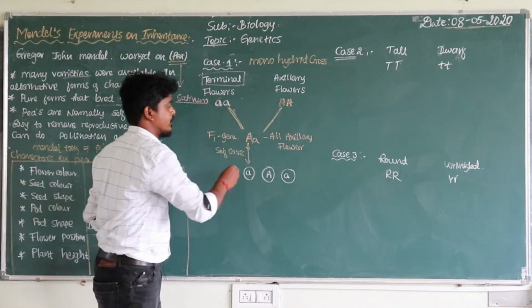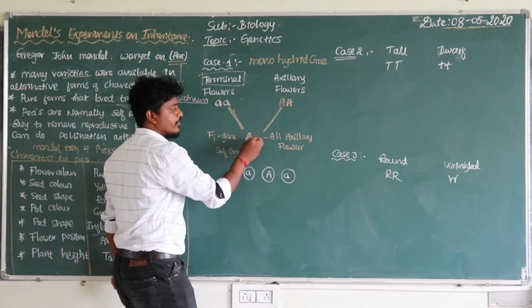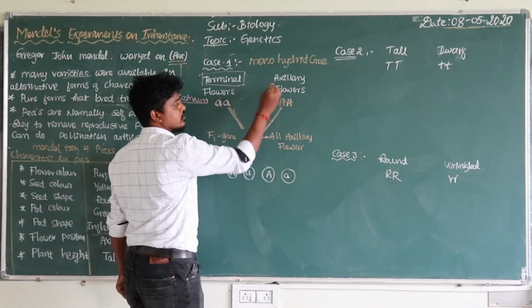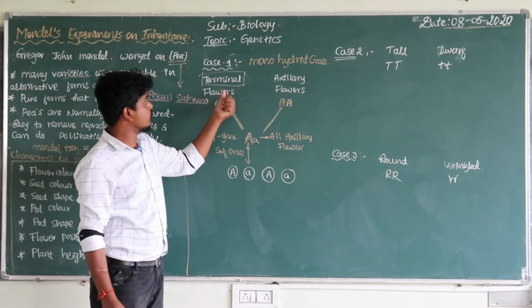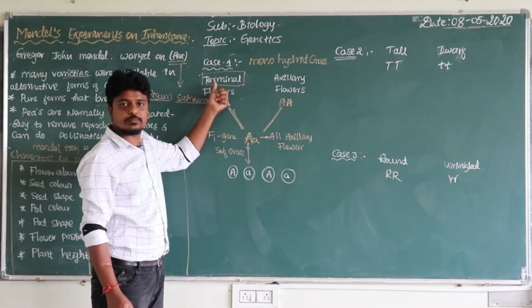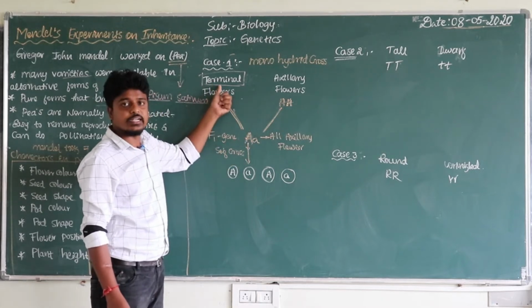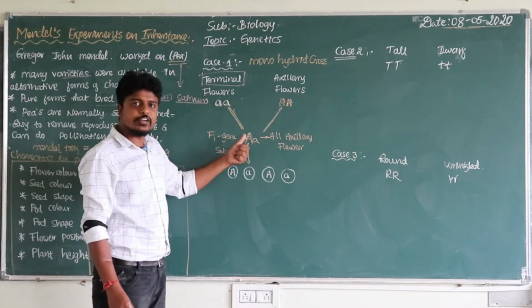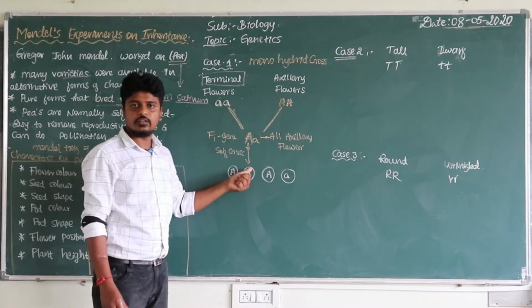That mainly depends upon the first letter of the trait. So which means in the first generation, all are axillary flowers. It's completely dominated over the terminal. There will be no expression, it completely suppresses the characteristics of the terminal flowers. In the F1 generation, you will get all axillary flowers only.